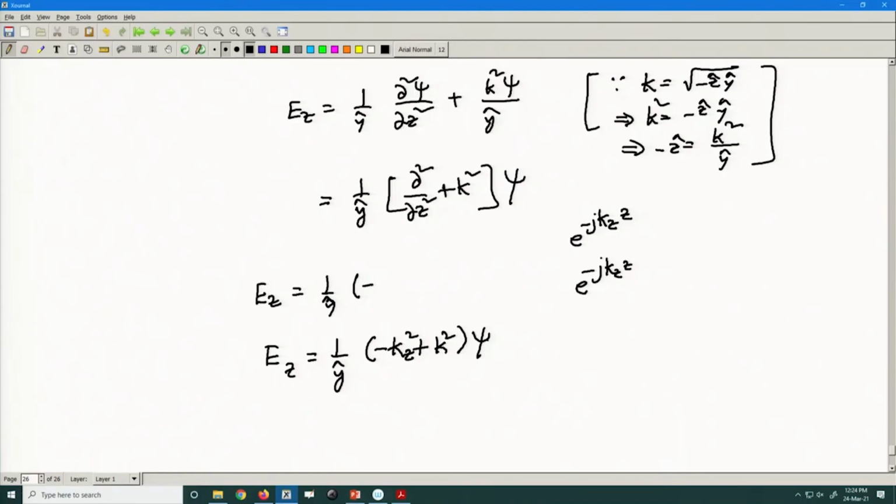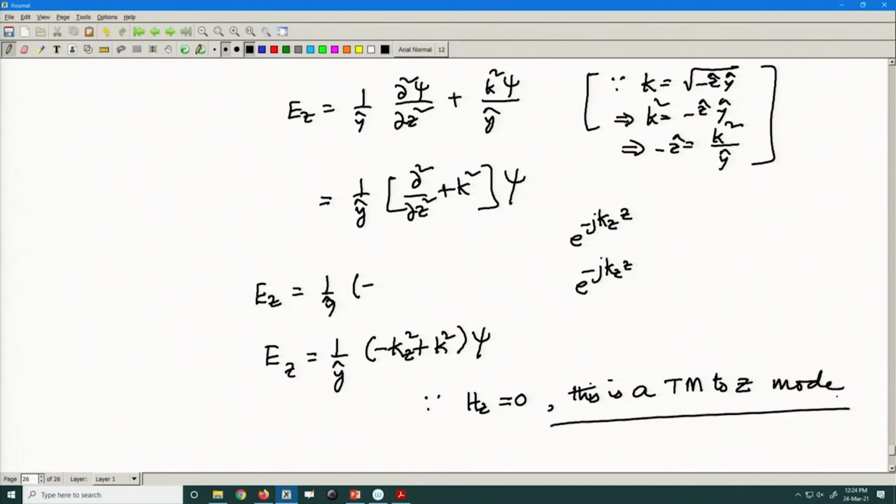Now, we first note that, as we noted previously, out of all the 6 components, h z is 0. Therefore, since h z is 0, this is a TM to z mode, because h z is 0.